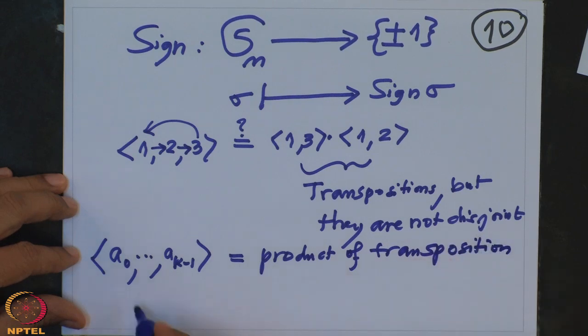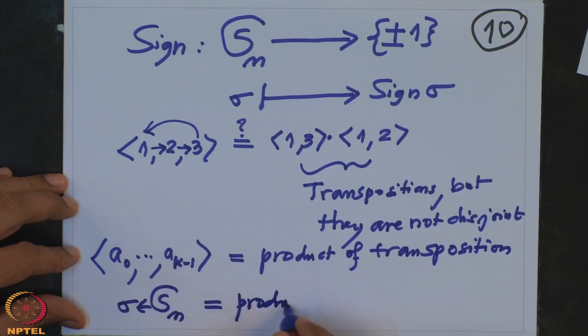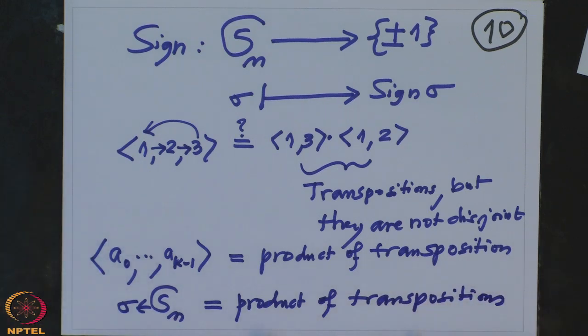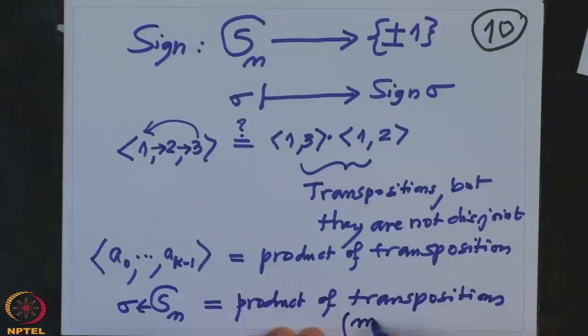And this way, any sigma in Sn is a product of transpositions. But we cannot say that the product of these transpositions is disjoint; it may not be disjoint.